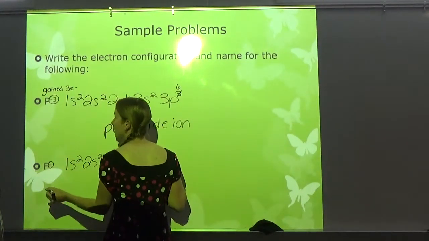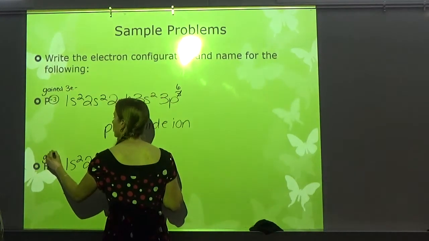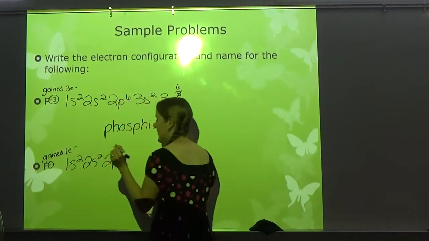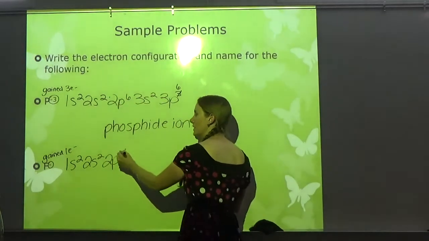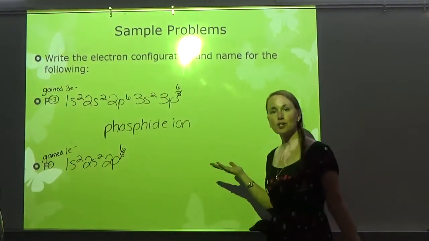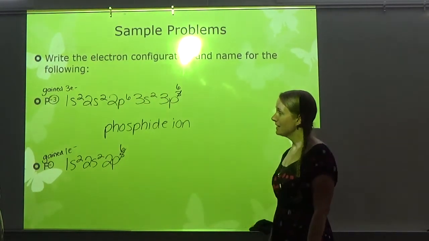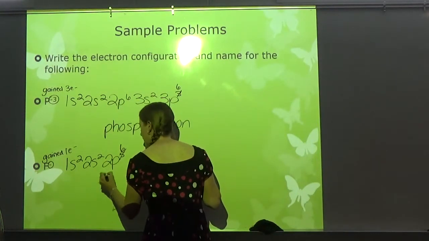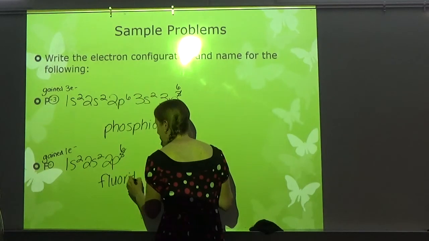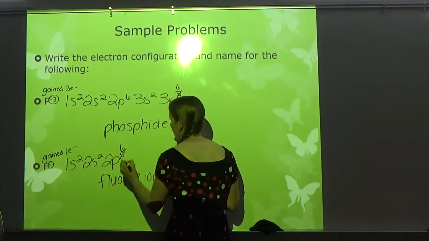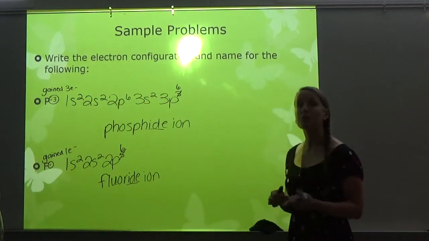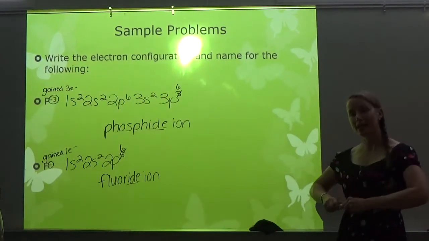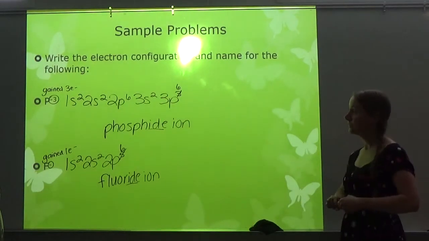A -1 charge means it has gained 1 electron. So I go to my highest sublevel and give it 1 extra electron, so it ends up with 2p6. Because it's negative, instead of being called fluorine, it is called fluoride ion. So you have to add that ide at the end. Negative ions, or anions, end in ide.